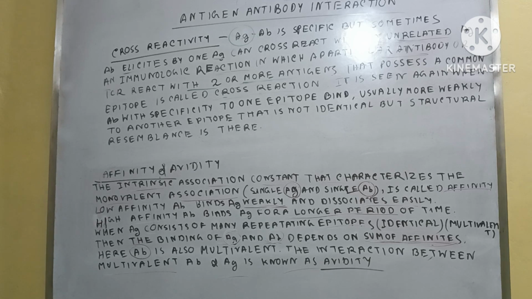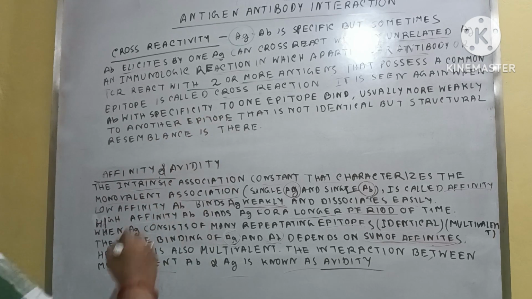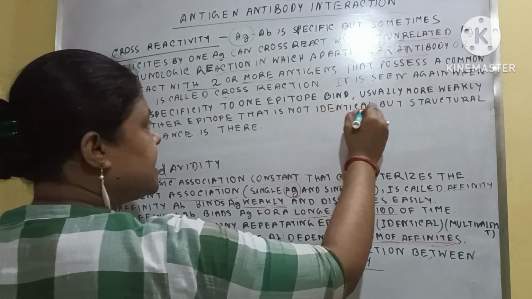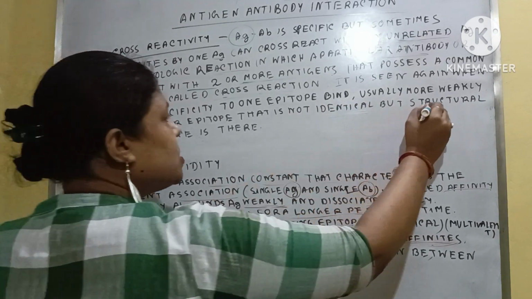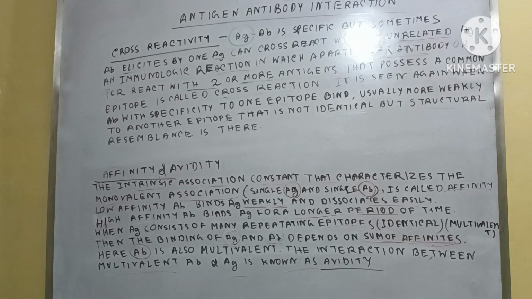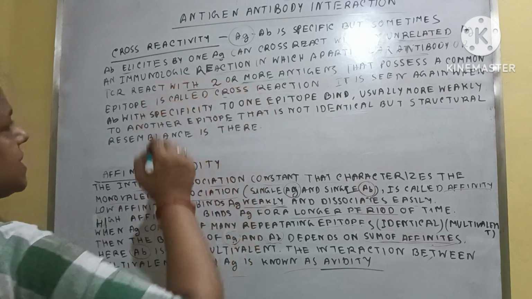So sometimes another epitope that is not identical, but structurally the same as the first epitope, is bound. In such a situation, the cross reaction is seen.